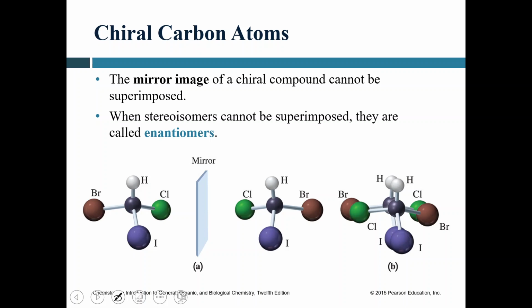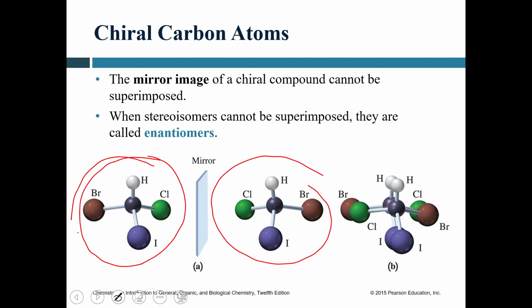When such stereoisomers that are mirrored cannot be superimposed, they are called enantiomers. Here's an example of bromochloroiodomethane. Two mirror images, they cannot be superimposed.